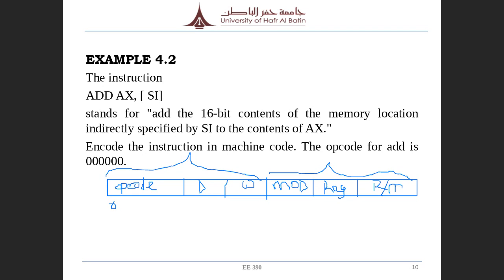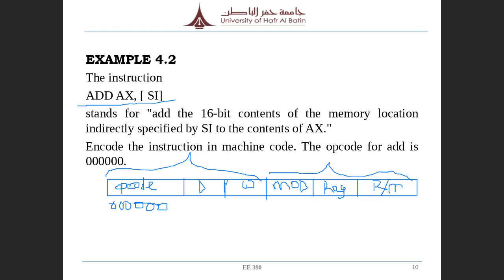Now the opcode. For this instruction, the opcode is, for example, given as six bits, 000000. Now the direction: to register it is 1, and from register it is 0.